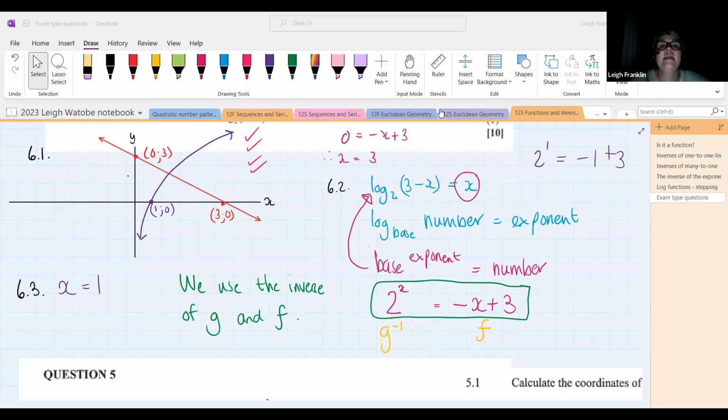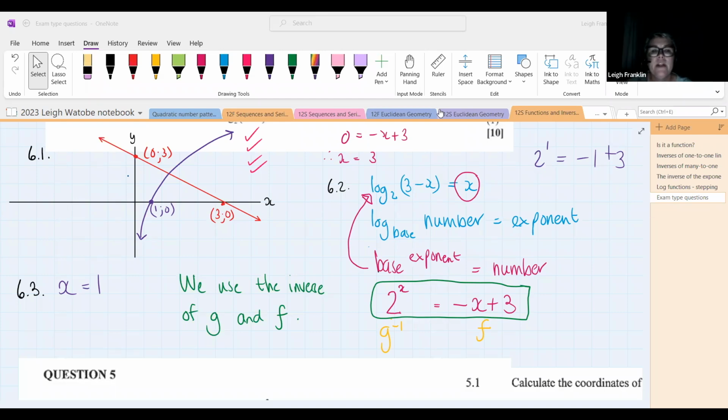Sorry, Mihlali, I did not see your question. Let me just go back and see if I can find it. Sorry, there we go, I found it. Sorry, Mihlali, I didn't see that in the chat. Ma'am, I'm still confused about how we identify the base and exponent on the given graphs.